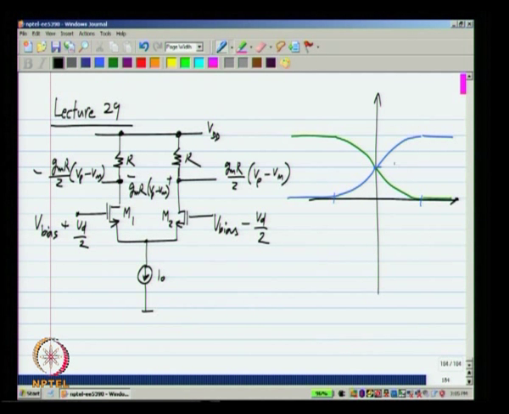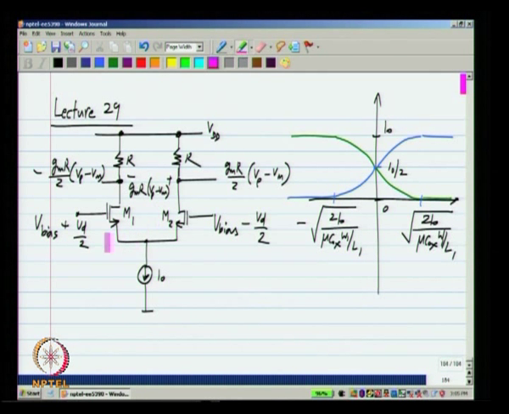This value is I0 by 2 and that is I0, this is 0 of course, and these voltages are now as Vd increases in the positive direction, what happens is that the VGS of M1 will be larger than the VGS of M2.